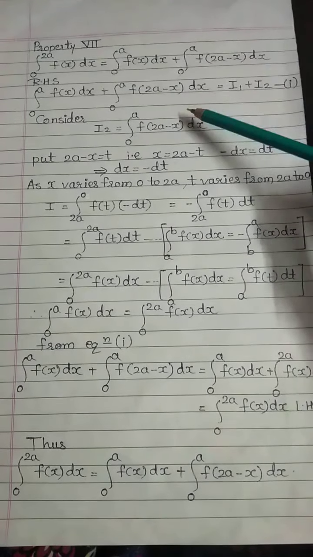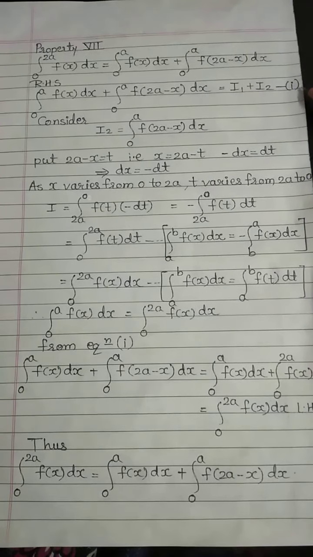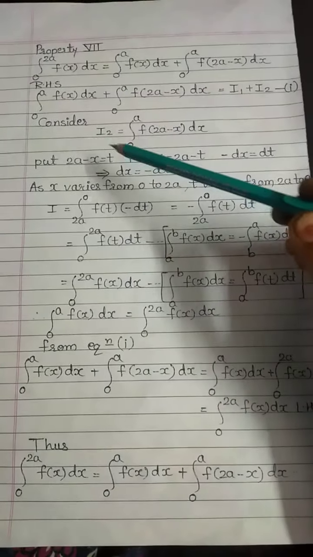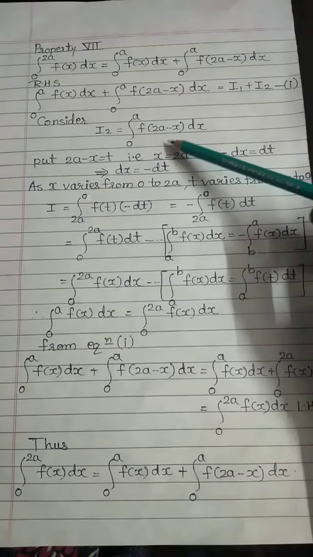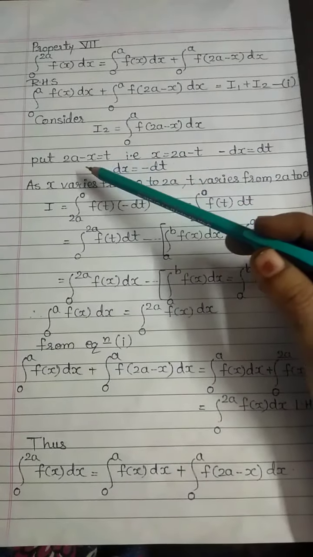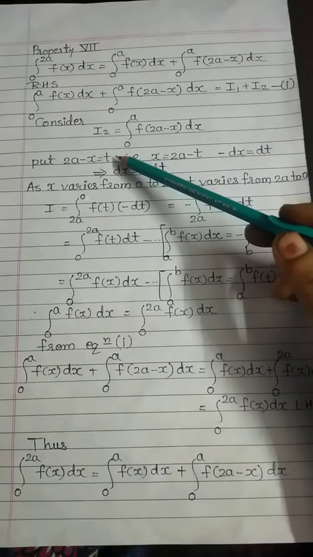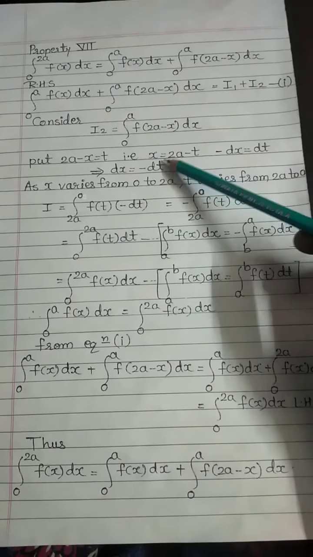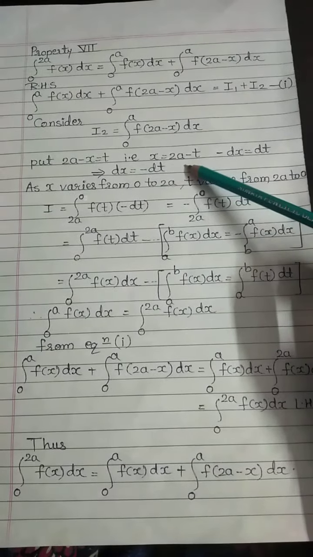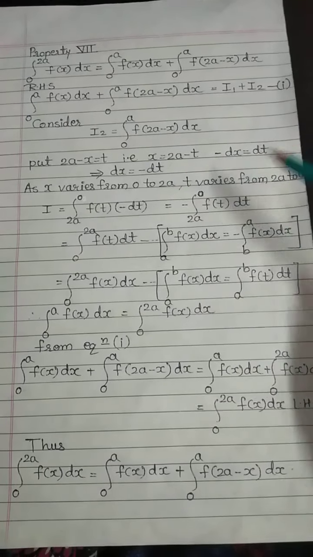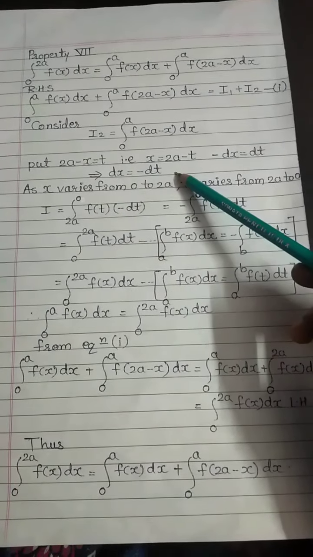First term as I1 and second term as I2, and we call this equation number 1. Now we consider the I2 term separately and we put 2a minus x is equal to t. So the value of x will be 2a minus t. Now differentiating with respect to x, we will get minus dx is equal to dt. So obviously dx will be minus dt.